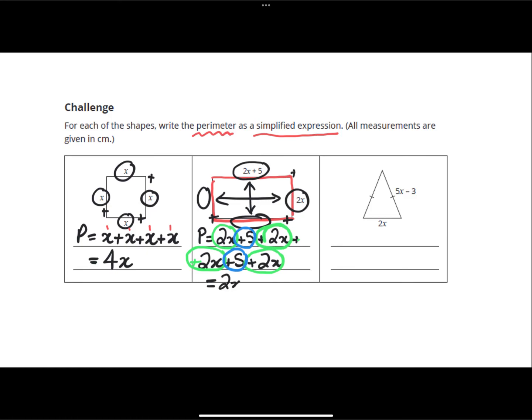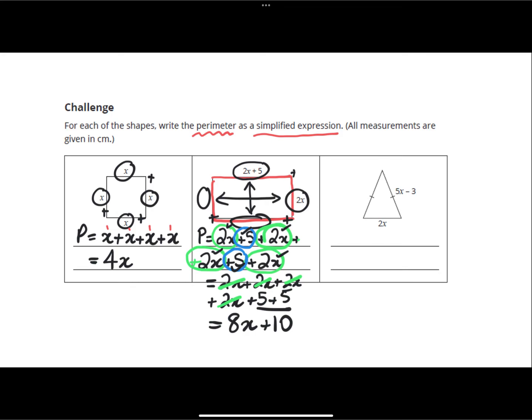So 2x, that's that one, plus 2x, plus 2x, plus 2x. Now I'm adding my whole numbers, plus 5, plus 5. Can you count in twos? Let's go. 2, 4, 6, 8. So I have 8 x's, and I have 5 plus 5 is 10.